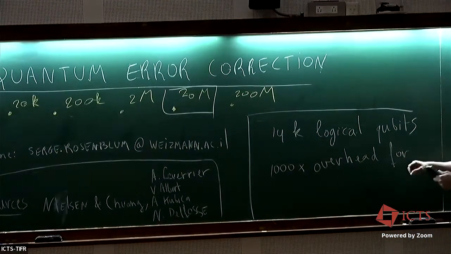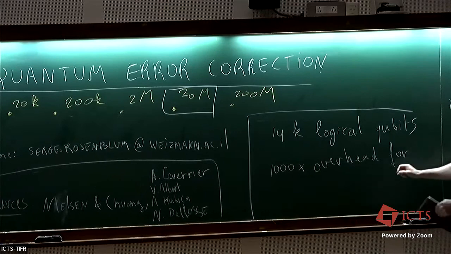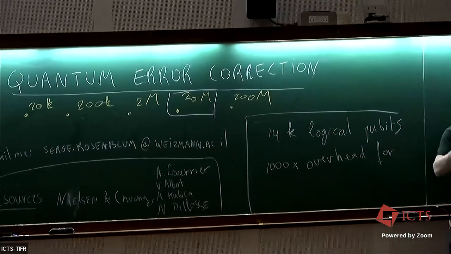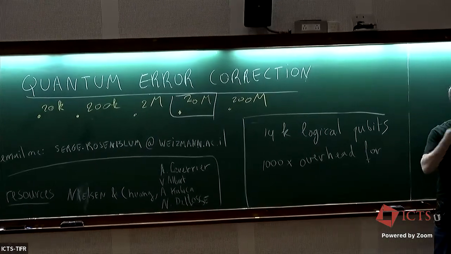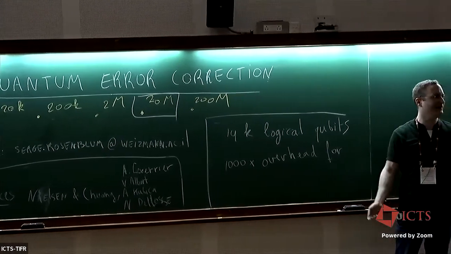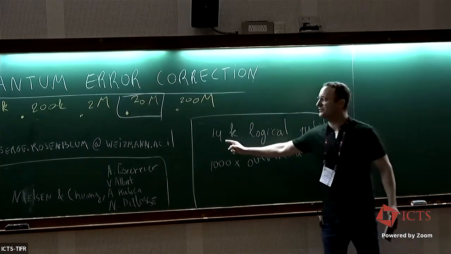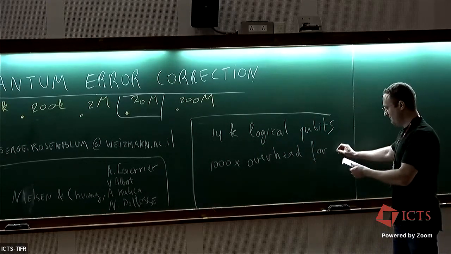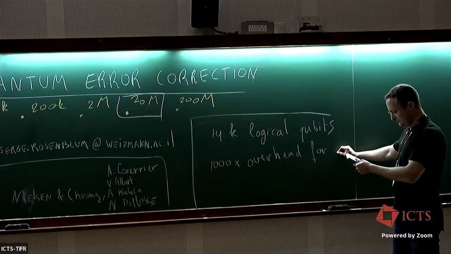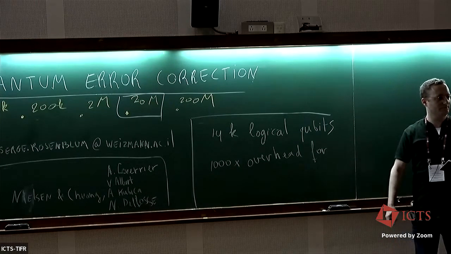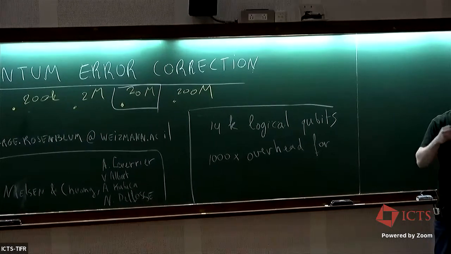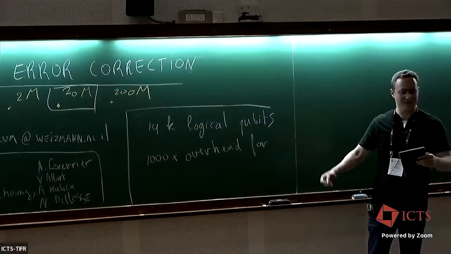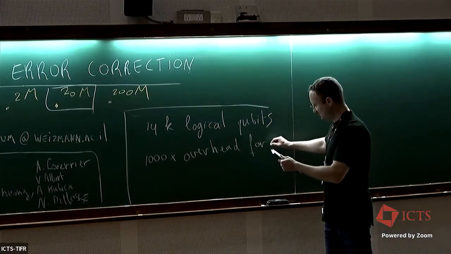The best constructions for executing Shor's algorithm require 1,000 physical bits that are noisy, full of errors. Together, they make one logical qubit that has a very high quality. And if you take 14,000 of those, then you can factor a 2,000-bit number. This is according to constructions that we have today. I will talk about other constructions in the 4th lecture, so bear with me.